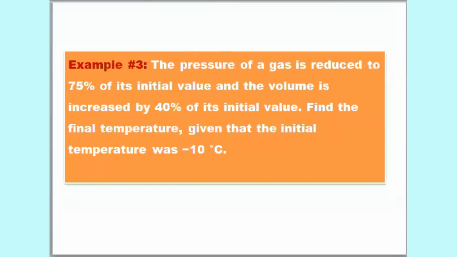The third example: the pressure of a gas is reduced to 75% of its initial value, and the volume is increased by 40% of its initial value. Find the temperature, given that the initial temperature was minus 10 degrees Celsius.